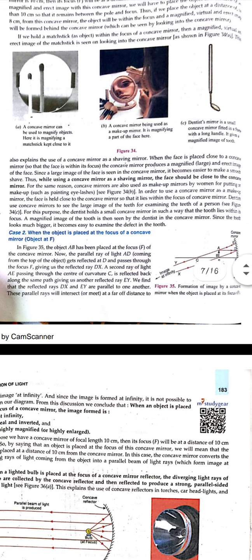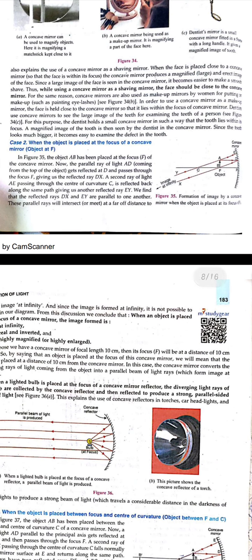Similarly, there are various other positions where we can keep the object. Secondly, when the object is placed at the focus of the concave mirror, the image will be formed at infinity. But here it is formed in front of the mirror, so the image is real and inverted, because a real image is always inverted. If it is formed behind the mirror, it will be virtual, and if it is formed in front of the mirror, it is a real image, and the real image will be inverted.